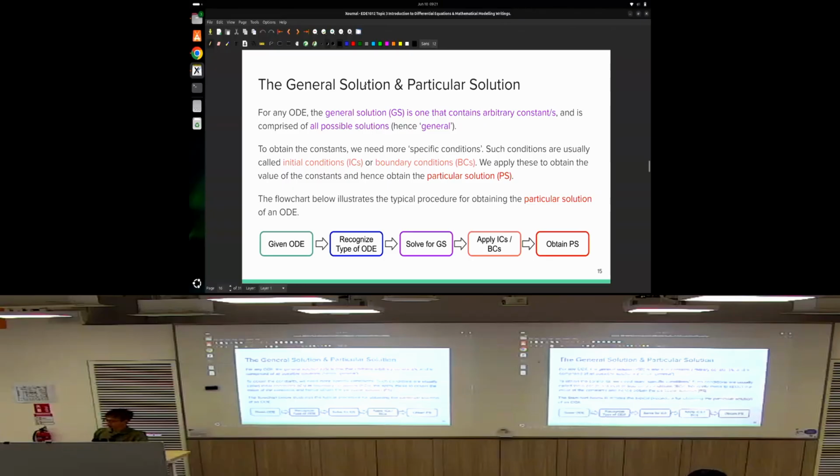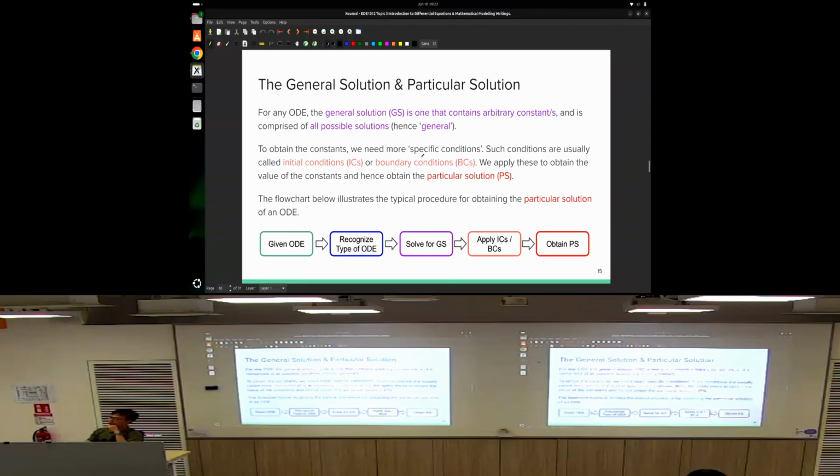But what we want to do is, when we apply those initial conditions, we'll be able to solve for those constants and get the particular solution. The particular solution is called particular because it's particular to the given conditions that you must satisfy. These conditions are usually called initial conditions or boundary conditions.